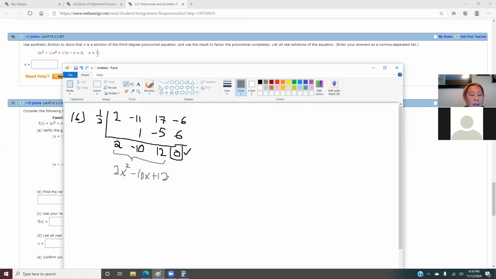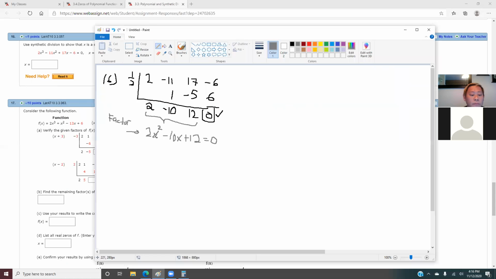Perfect. Now equals to 0. Now you need to factor this. Can we reduce these numbers? Oh yeah, you could reduce it. You could divide them by 2, make it smaller.